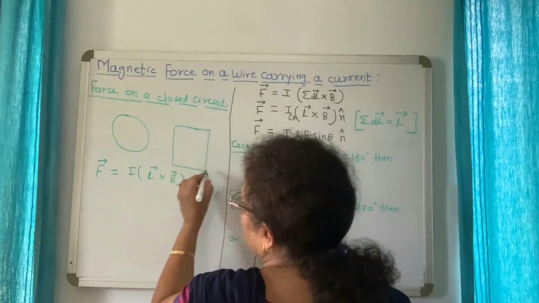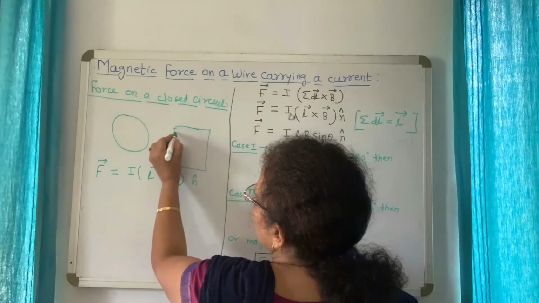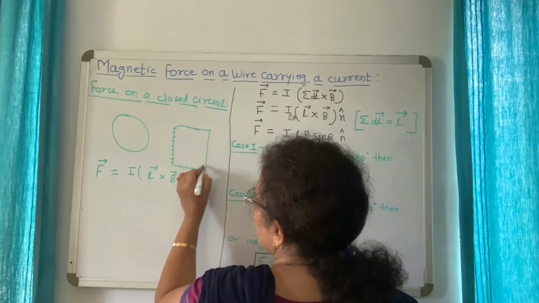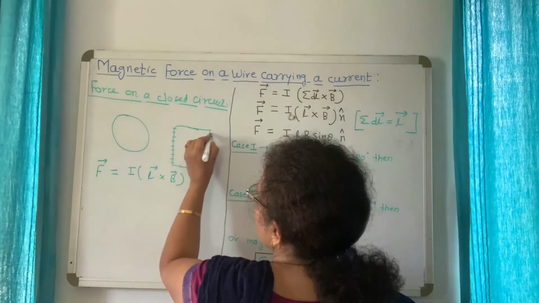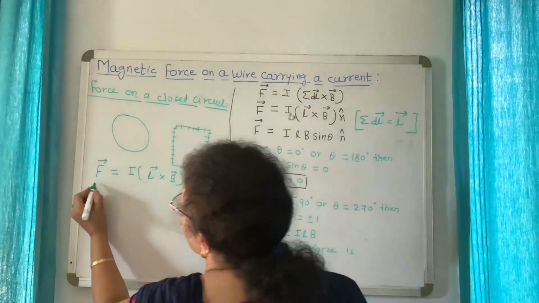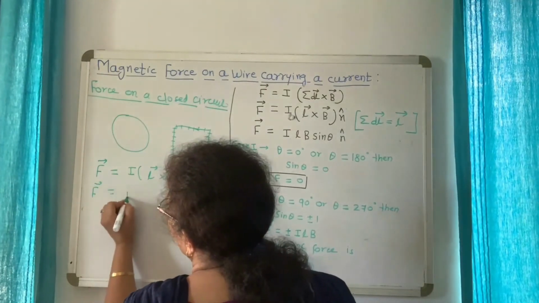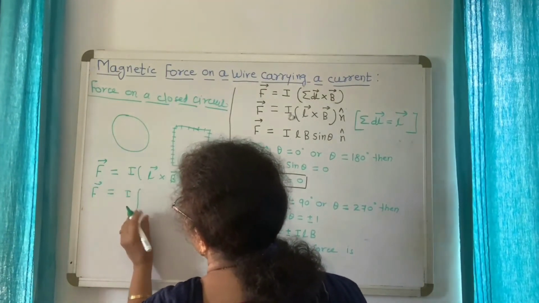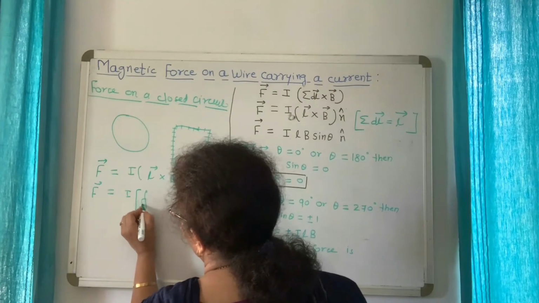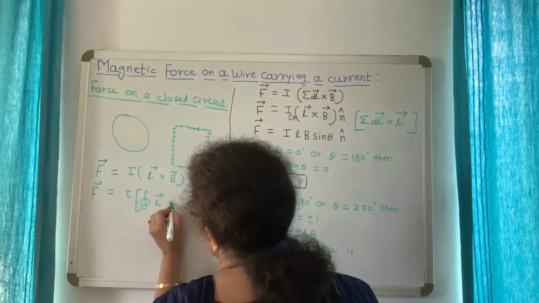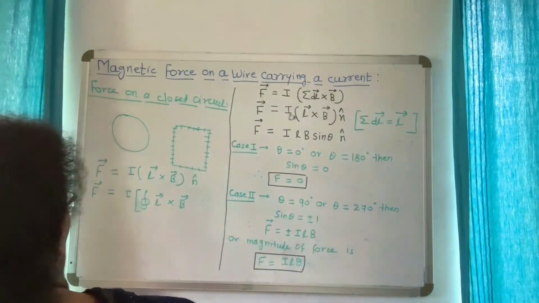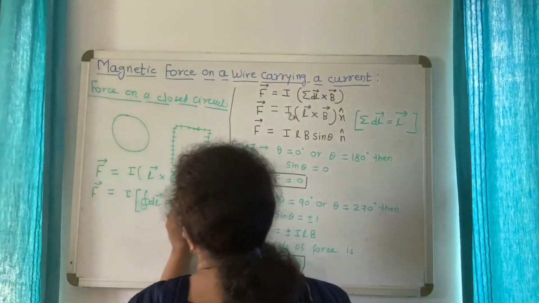Suppose this is a square or rectangle, there are 4 parts. So you have to add every dl for all the parts, and the vector sum of all these dl when you reach the same point is equal to 0. So the force is equal to I into the closed loop integration of dl cross B.